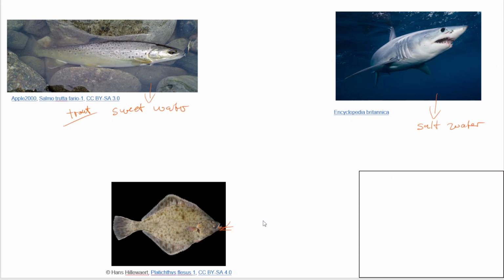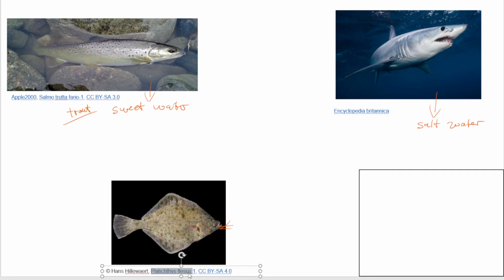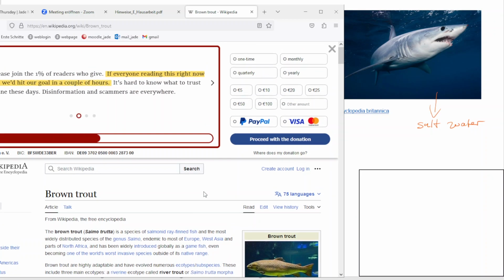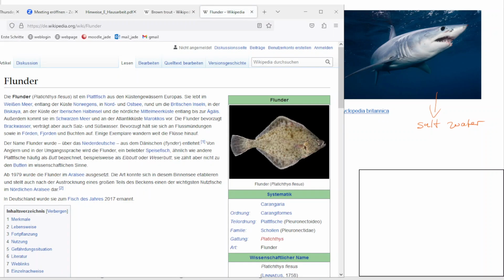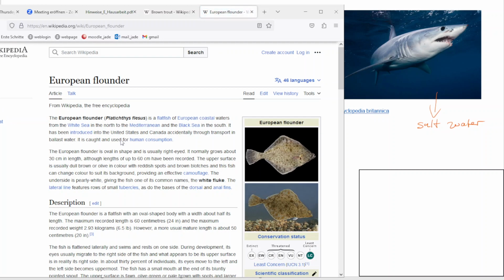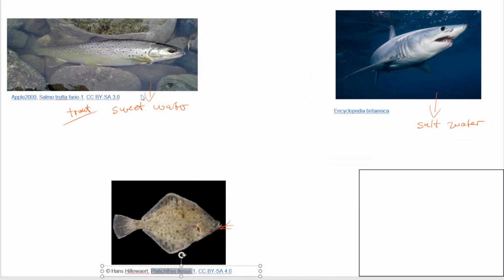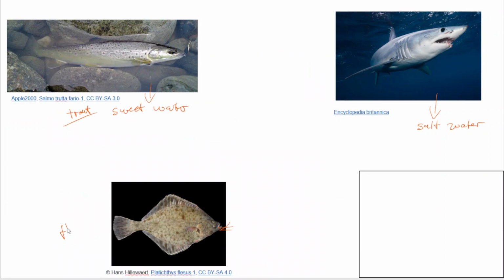And what is this? This is a Platichthys flesus. Let's see what this is in English. In German, it's a flounder, and in English, European flounder. And where does it live? Saltwater. And this is a special one, living just outside here. And what happens in our area?